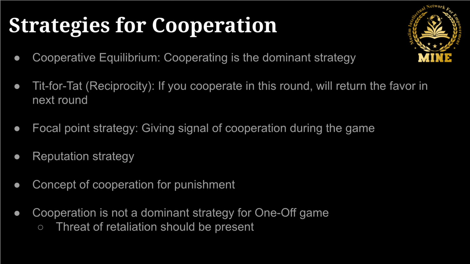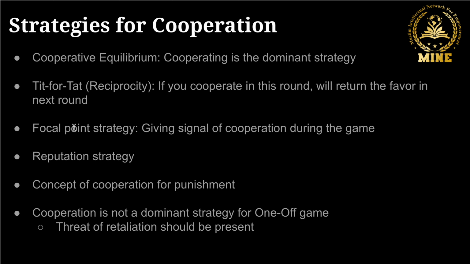So cooperation is not a dominant strategy for a one-off game, because you play once, you always look after your self-interest, but it can be a dominant strategy for a game that is played repeatedly. Then we've seen the tit for tat reciprocity.